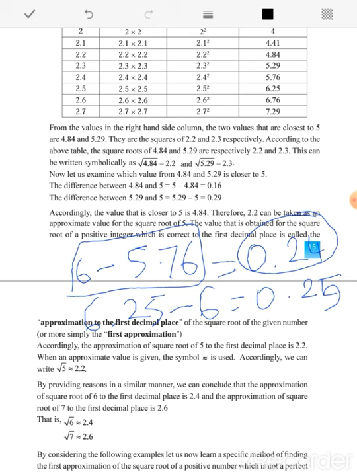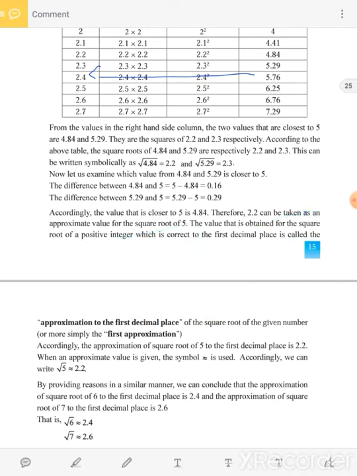So we can say 5.76 is closest to this. So square root of 6 is equal to 2.4. Let's erase this one and move to the next part.